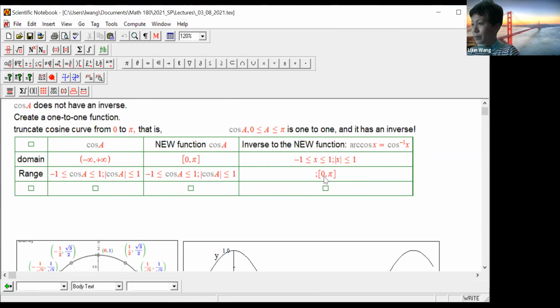Arc cosine is greater than or equal to 0, less than or equal to pi. Do you follow me?